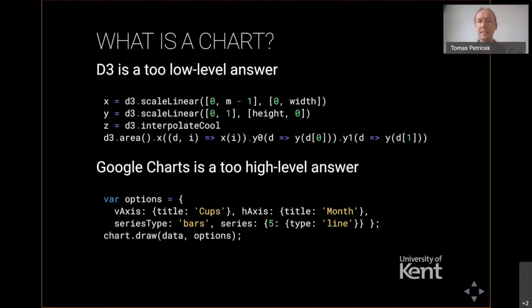So that's really tedious, but it lets you do anything you want. The other option is to use something like Google Charts, where you just say, I want a bar chart and a line chart together, and that is easy, but it doesn't let you do anything interesting.